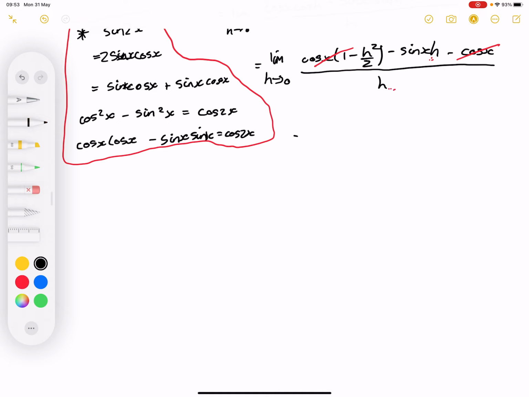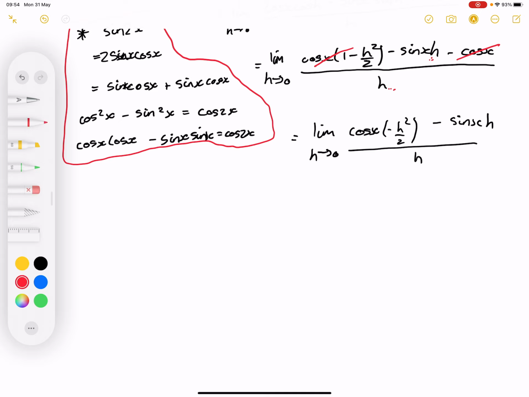So the next line I'm going to write is the limit as h tends to 0 of cos x times minus h squared over 2, minus sine x h all over h.